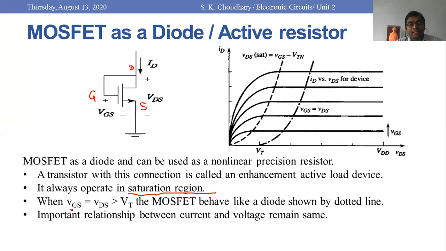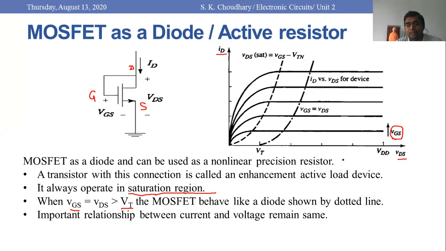When your VGS is greater than the threshold voltage, first of all, look at the ID-VDS characteristics. Here is the drain current ID and the drain-to-source voltage VDS. We have plotted those characteristics, and this is the regular characteristic. This current value depends upon the value of VGS.